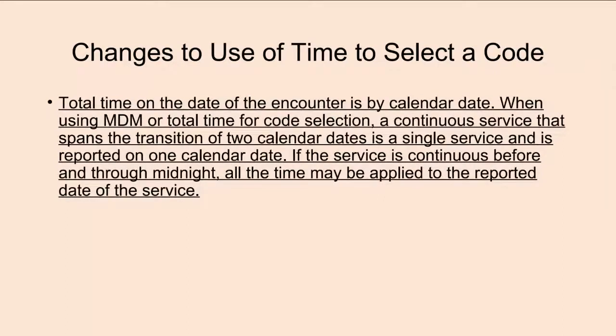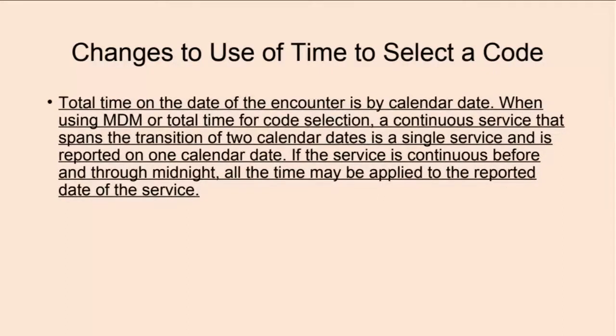Now this is important. Total time on the date of the encounter is by calendar date. When using medical decision making or total time for code selection, a continuous service that spans the transition of two calendar dates is a single service and is reported on one calendar date. If the service is continuous before and through midnight, all the time may be applied to the reported date of service.